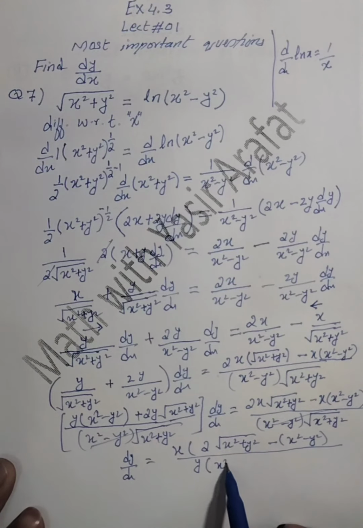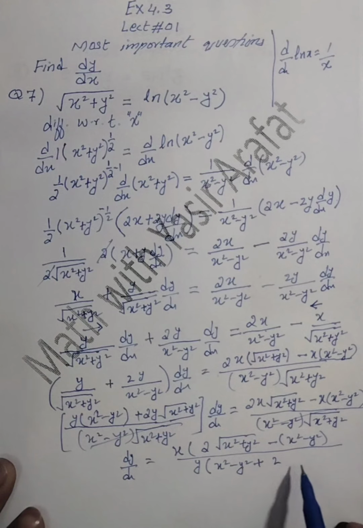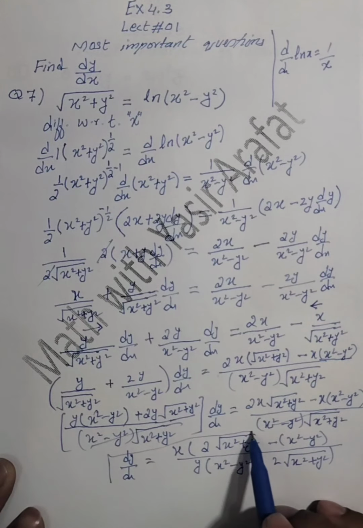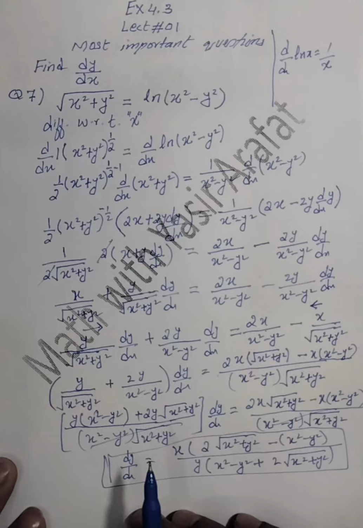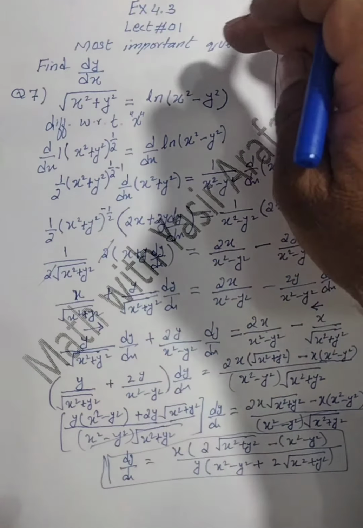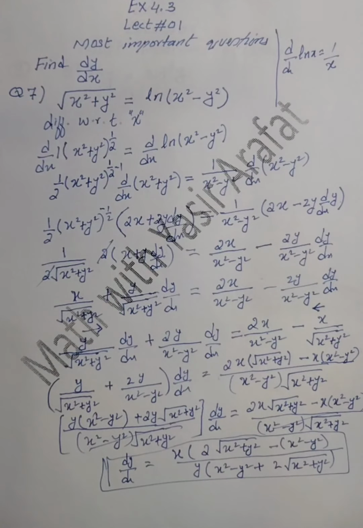So this is x square minus y square plus 2 radical x square plus y square. This is the answer of this question. Most important question of exercise 4.3, question number 7.